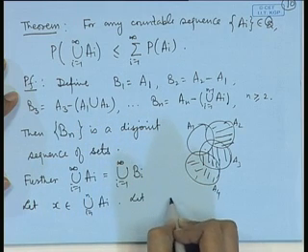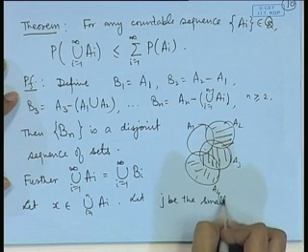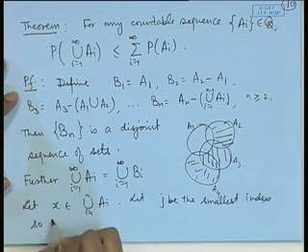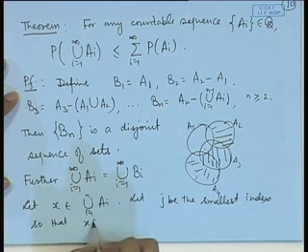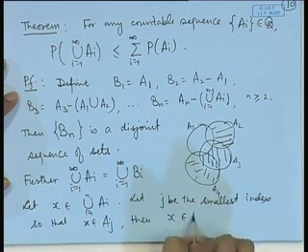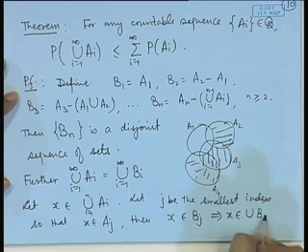Let j be the smallest index so that x belongs to A_j. Then x will belong to B_j.